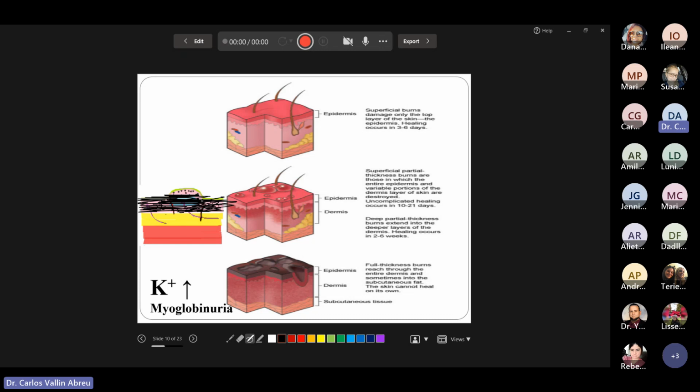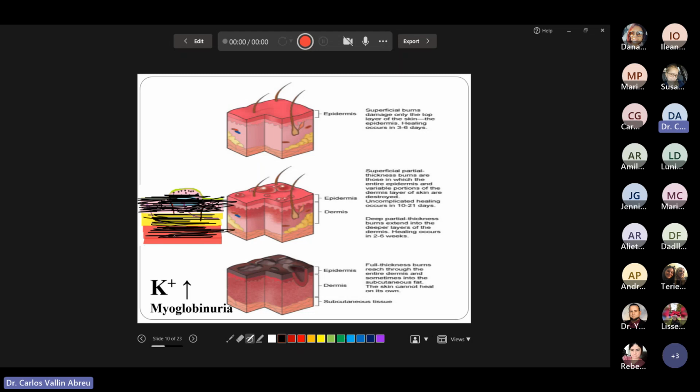It's a dry, leathery, tough eschar in the skin, usually tan without coloration, or dark brown or black. It is dead skin. These kinds of burns can extend to the subcutaneous tissue and even to the muscle, depending on the time of exposure to the thermal injury.